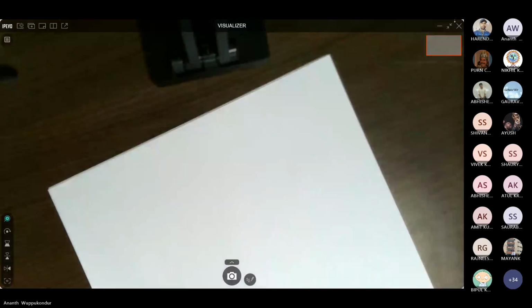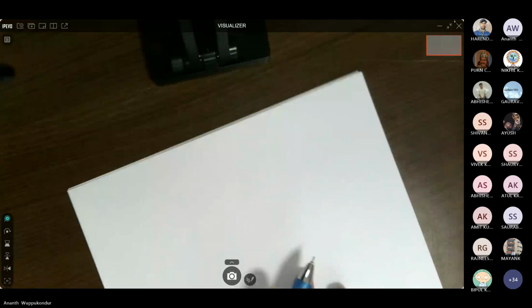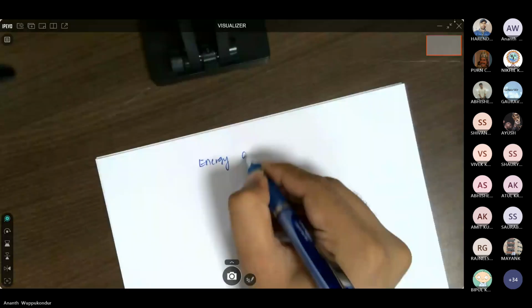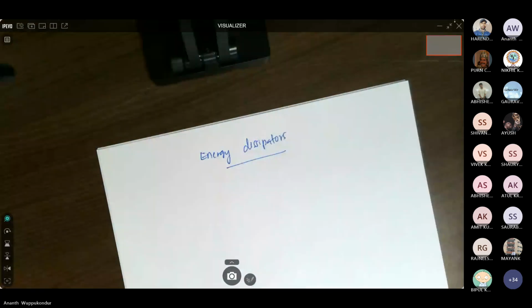Now, after looking at the discharge, we are going to look at energy dissipation. So energy dissipators below a spillway.